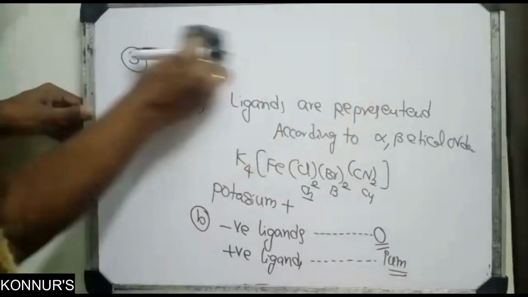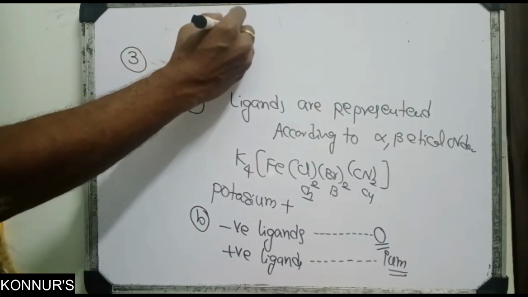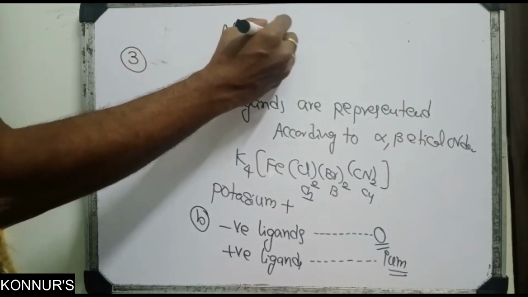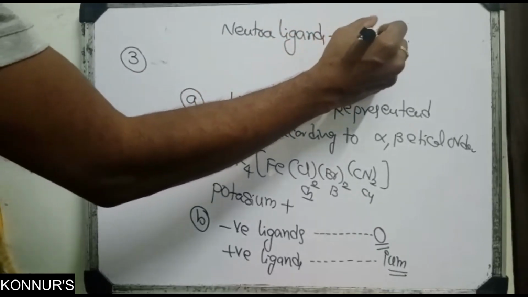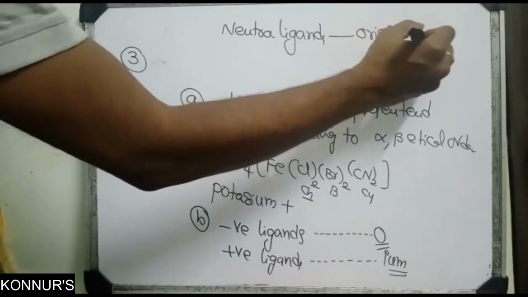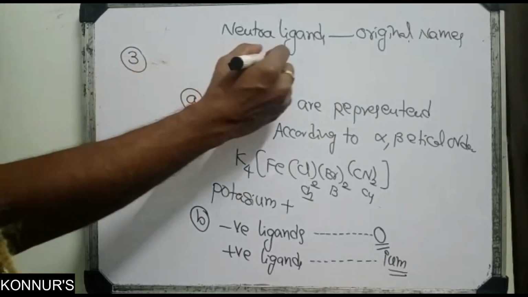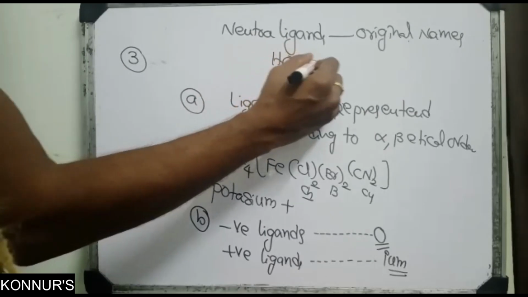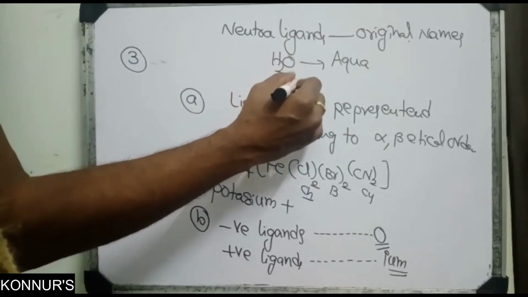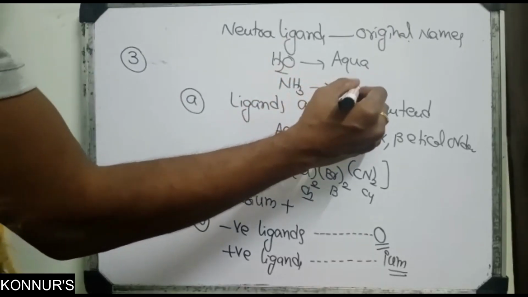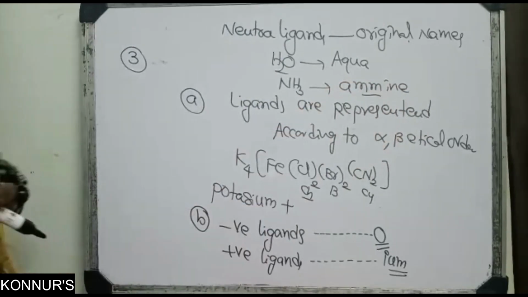Next, neutral ligands you represent with their original names. In this, two are important: water, which you call aqua, and NH3, which you write as ammine, with a double M. Remember that.